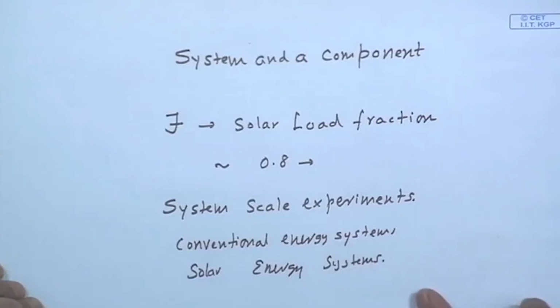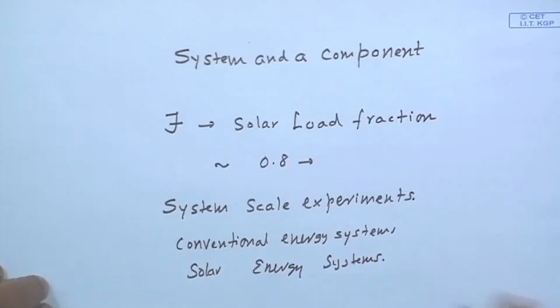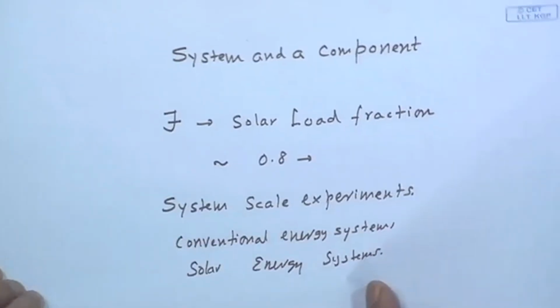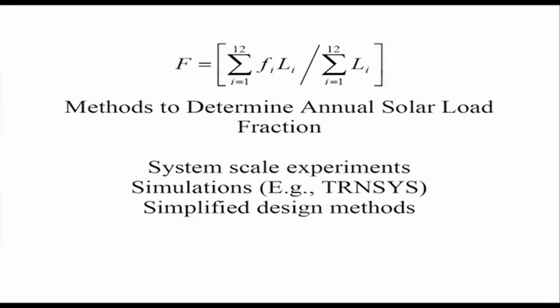A conventional energy system, but for minor differences, is likely to perform similarly given the same input wherever it is located, whereas the utilizability of the energy supplied by the solar energy system will be different depending upon the location. If you have a space heating application in a cold location like Srinagar, Kashmir, and you want to use it in Chennai, probably there may be no space heating requirement at all.